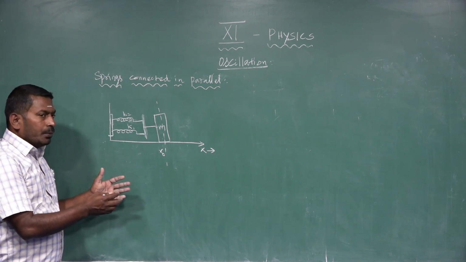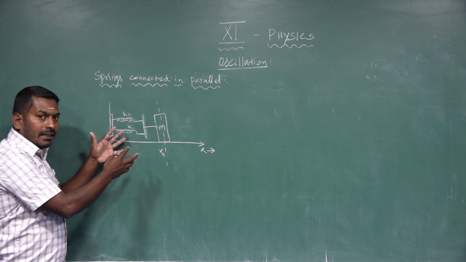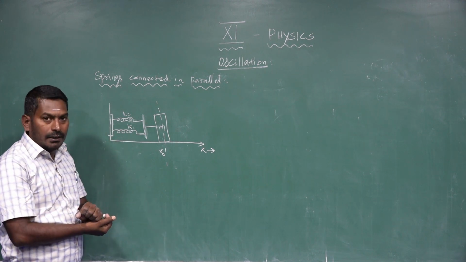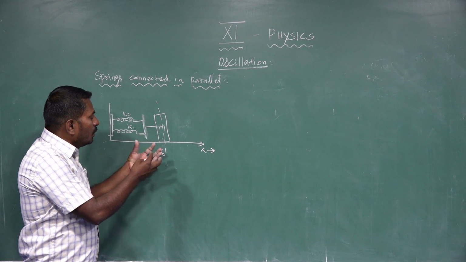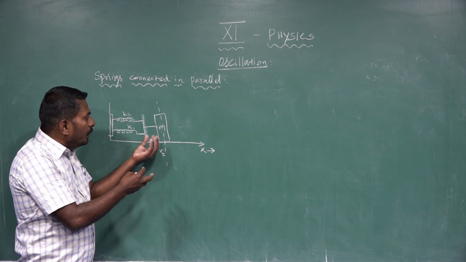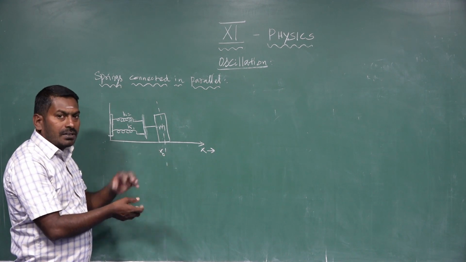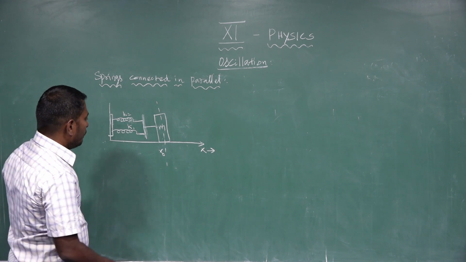Now our aim is to calculate, if both springs have different spring constants and are connected in parallel, how to calculate the effective spring constant? Then, when the system is executing simple harmonic motion, how to find the time period of oscillation? Then how to calculate the frequency of oscillation? So see one by one.